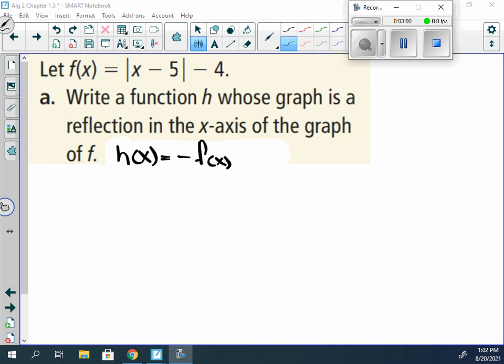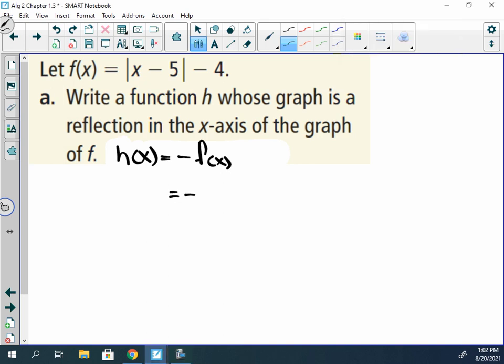Let's record. So y equals negative f of x. That is our reflection across the x-axis. Well, now we just need to replace f of x with its function. The absolute value of x minus 5 minus 4.